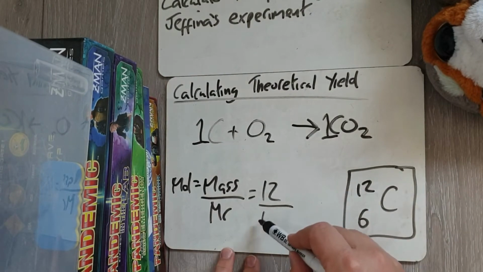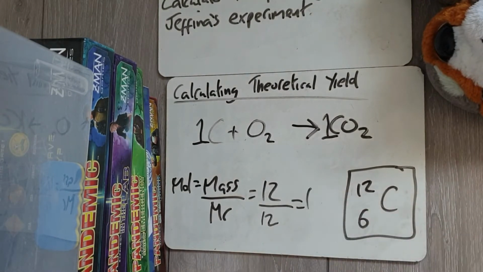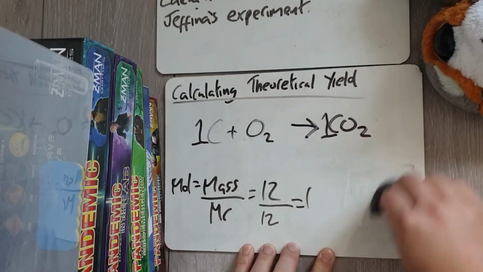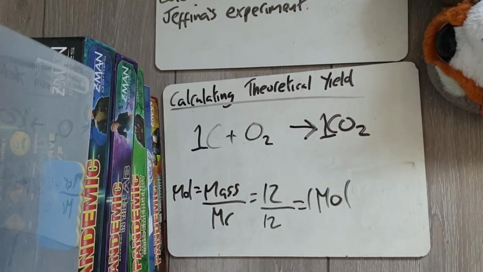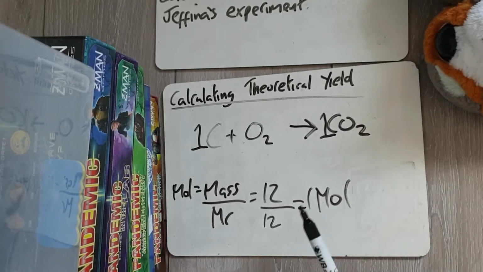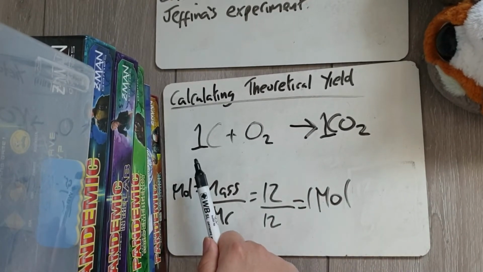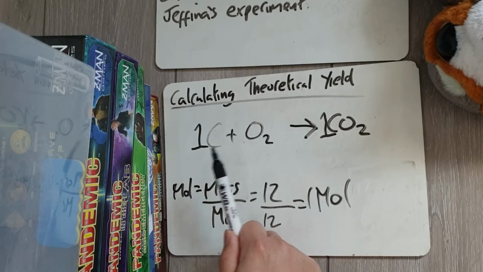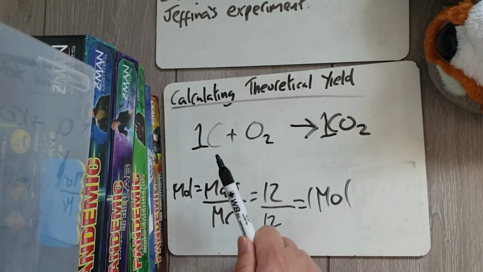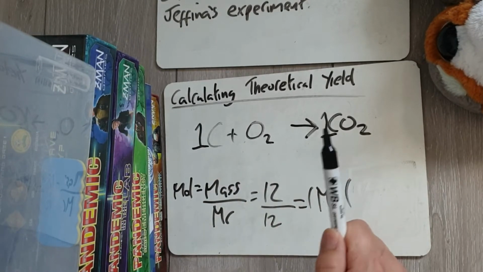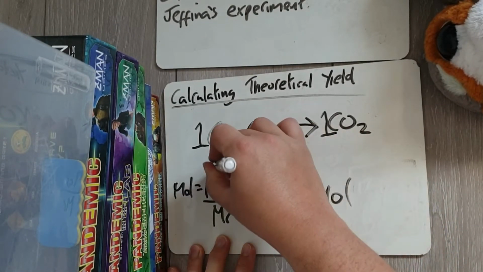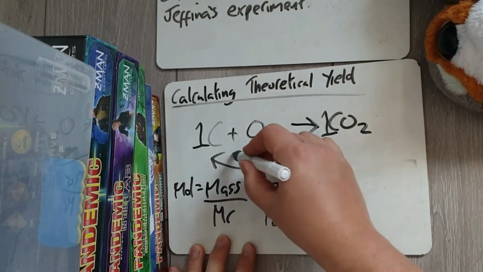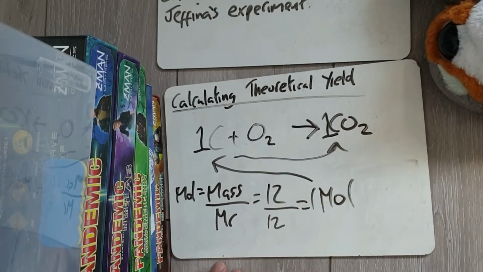So we've got 12 divided by 12 equals 1. So Jeffina is using 1 mole of carbon. I've done this to make the example nice and easy. If she's using 1 mole of carbon, the ratio is 1 to 1, so 1 mole of carbon would give you 1 mole of CO2. Our equation tells us we will have 1 mole of that.